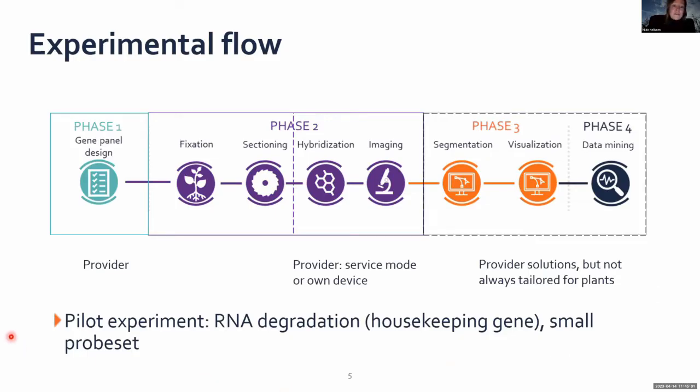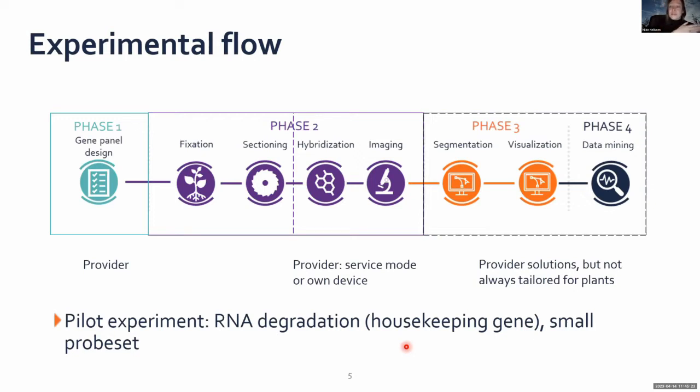Some of the providers also feel more comfortable if you would perform a pilot experiment. For instance, there is a provider that would like to check the RNA degradation in your tissue sections, which means that you will make the sections, you will send them to them, and they will do a hybridization only with one gene.